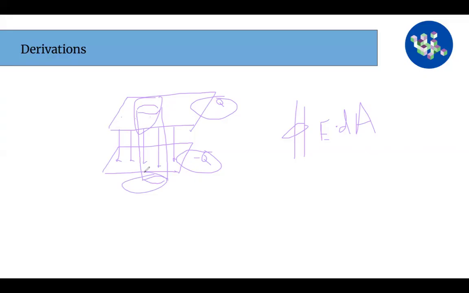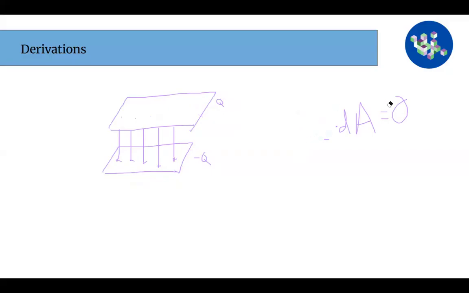But there's no flux through it, and I know that the electric field would be zero outside the conductor, so this would be equal to zero. That's why, if you're curious, there are no electric fields outside the capacitor. Right, so now let's prove that formula for finding the capacitance.